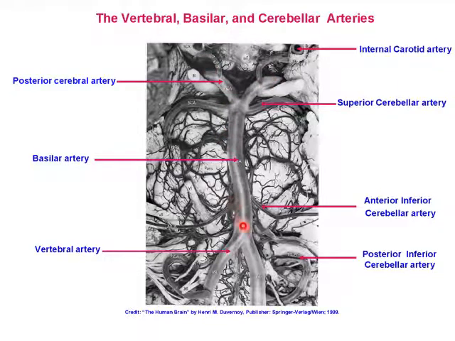The basilar artery also gives off the superior cerebellar artery and the anterior inferior cerebellar artery, while the vertebral artery gives off the posterior inferior cerebellar artery.